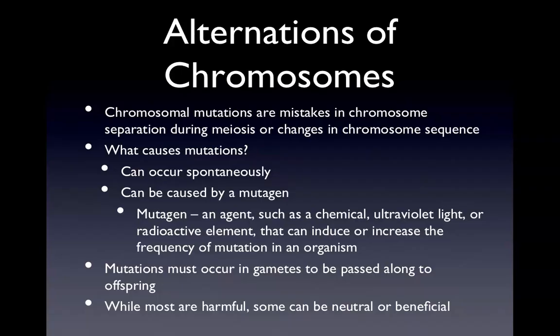All right, and when they are beneficial, so when they're good for the organism, they increase that organism's fitness, allow that organism to have more offspring than somebody without that trait, all of a sudden that becomes an increase in its fitness. Natural selection will probably select for it, and it becomes beneficial for the population as a whole as that mutation continues to become more prevalent, or more frequent. Okay, so that's mutations in a nutshell.